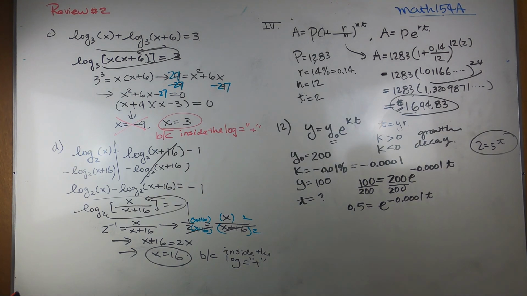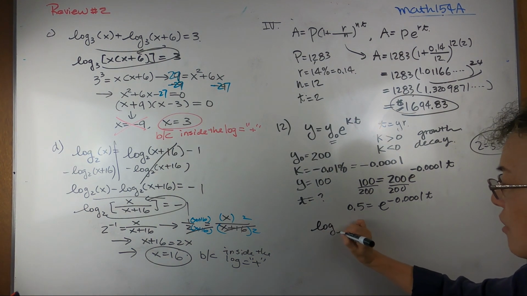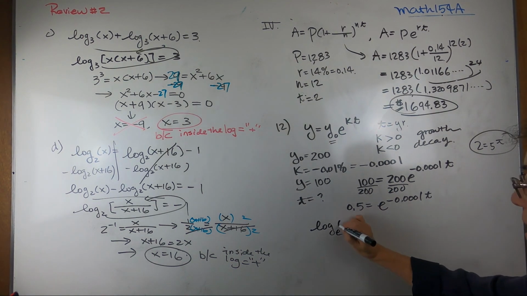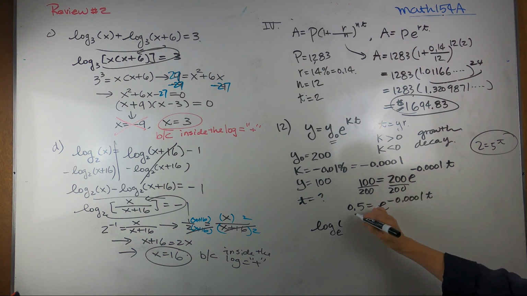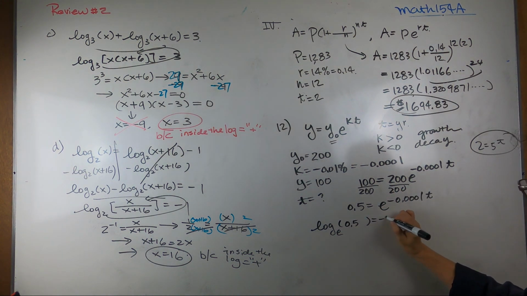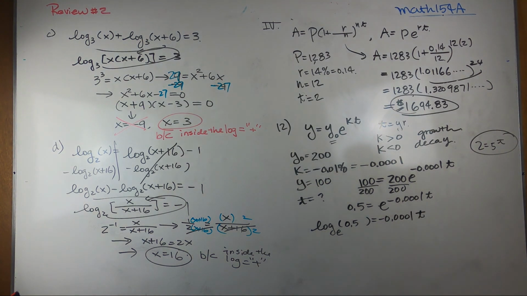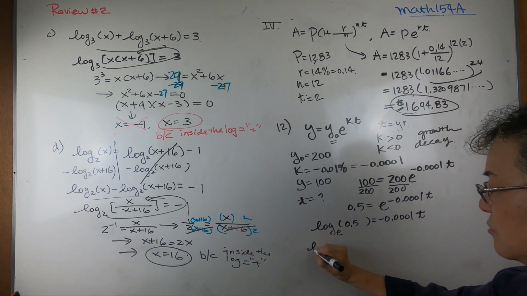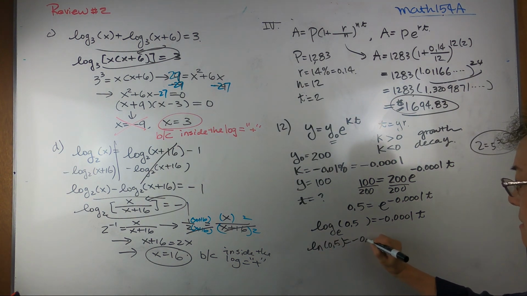Because you cannot make the base the same, you have to rewrite it as a log, right? So you have log base e, then what's inside, what's outside? So 0.5 equals, negative 0.0001t. Then this one actually is your natural log of 0.5, base e, right?